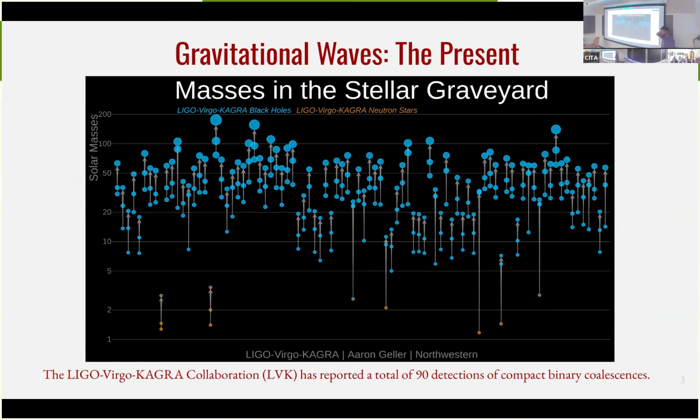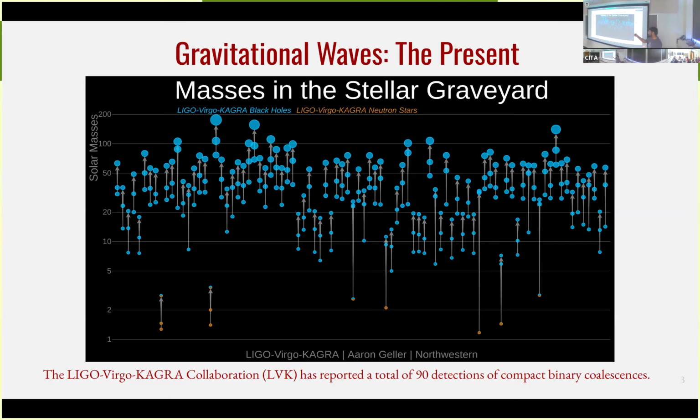I think people have seen this plot way too many times, but what I really like about it is that it shows basically all the binaries that we've detected so far. Each of those dots is two black holes merging to form a larger black hole. What I find really interesting is that just about 9 years ago, we had 0 points on this plot.